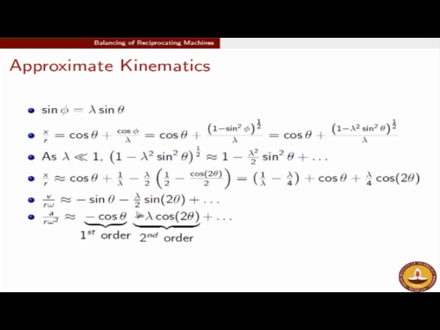So, here we see that all the kinematic quantities, namely position, velocity and acceleration, are given in terms of two trigonometric functions, namely cos theta, cos 2 theta or sin theta, sin 2 theta, and these are called first order and second order. There will be more orders depending on whether you wish to take a more accurate solution, but usually this solution is fairly accurate.